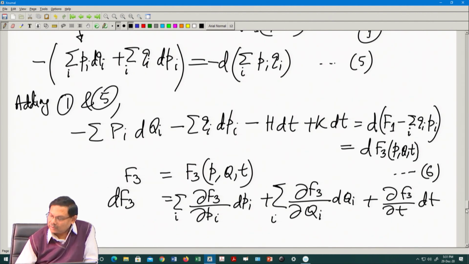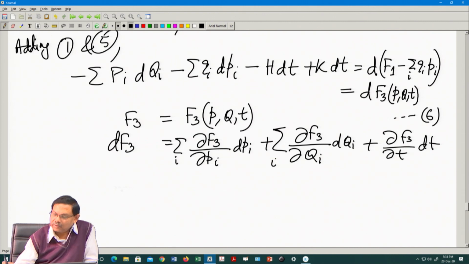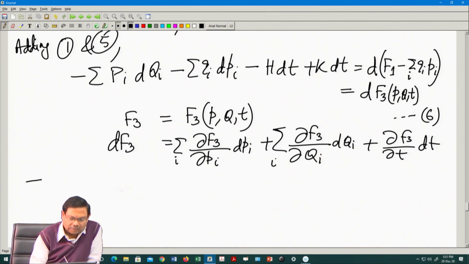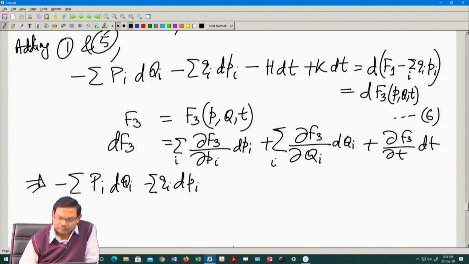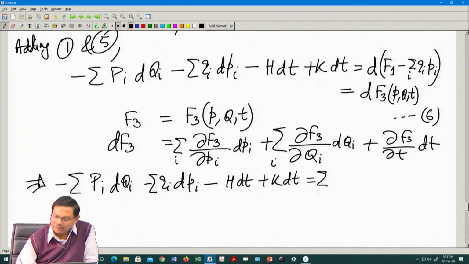So, inserting this in equation 6, this makes equation 6 as p_i dq_i plus q_i dp_i minus H dt plus K dt equal to, now, we have various terms.